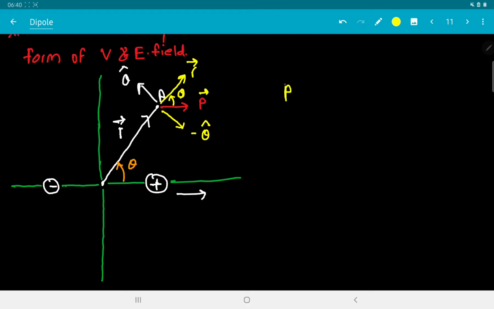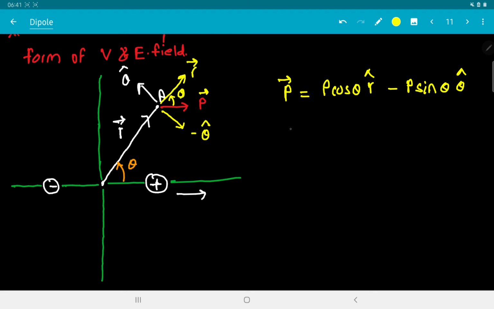We can represent this p vector as p cos theta in r cap direction, and minus p sin theta in theta cap direction.